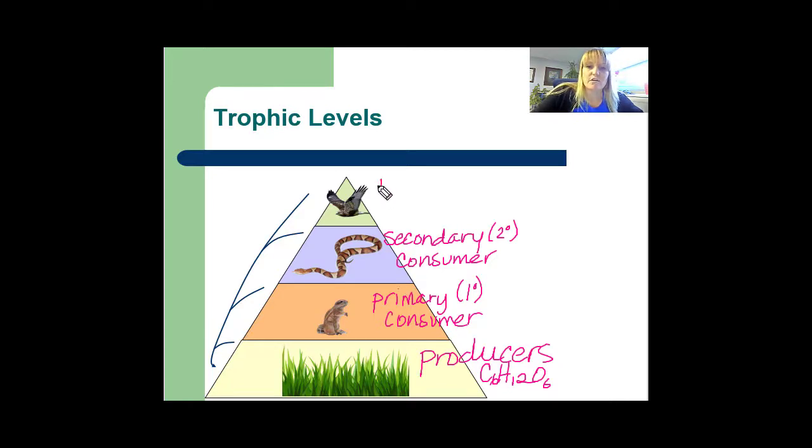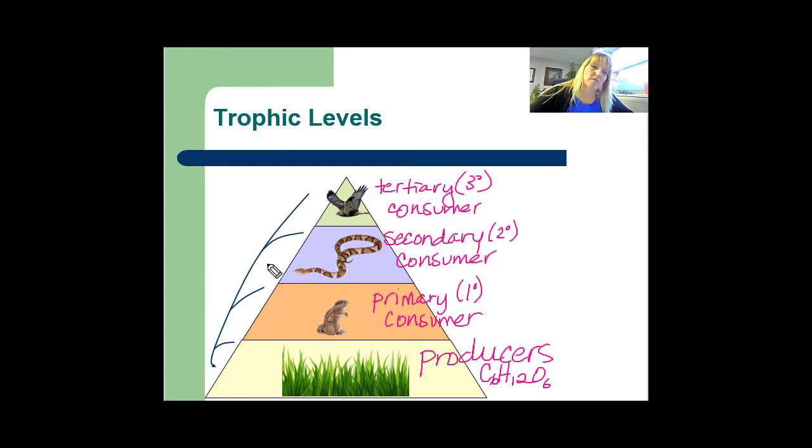And then you have the tertiary consumer. So these are often carnivores or omnivores, not herbivores. These are herbivores. These are carnivores or omnivores. These are often carnivores, and the energy is flowing this direction.